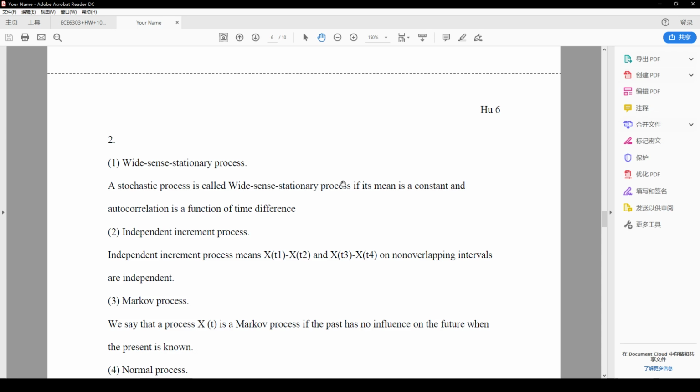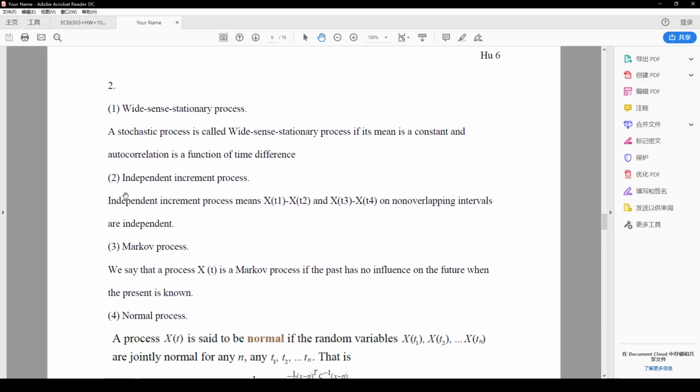So the WSS will be easy to decide. When the input is a WSS process, the output is also WSS if the system is a linear time invariant system and also stable. So the input and output will both be WSS.